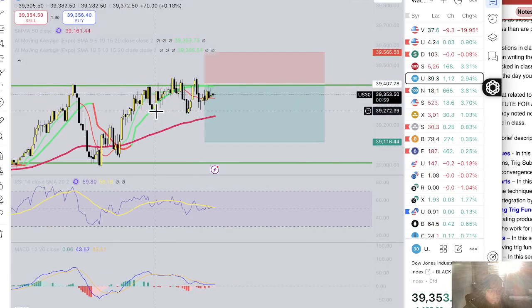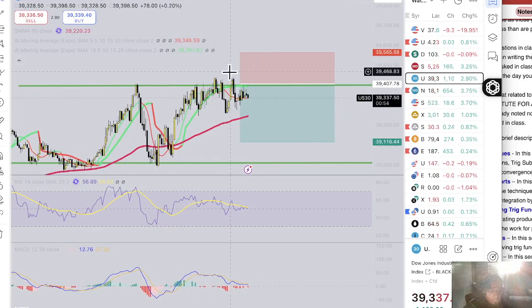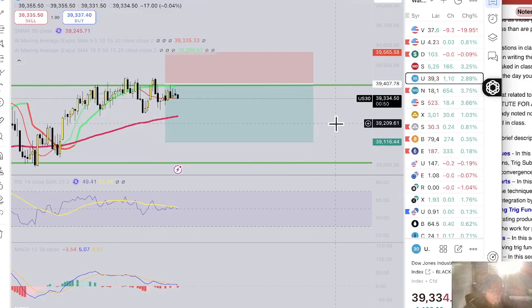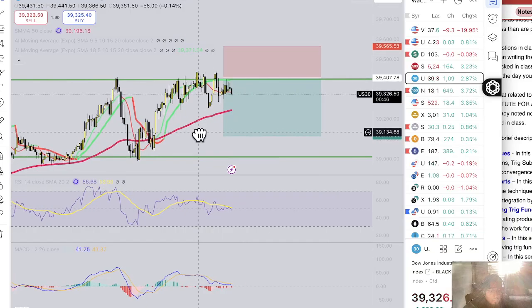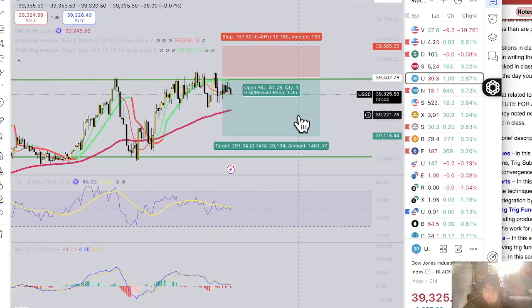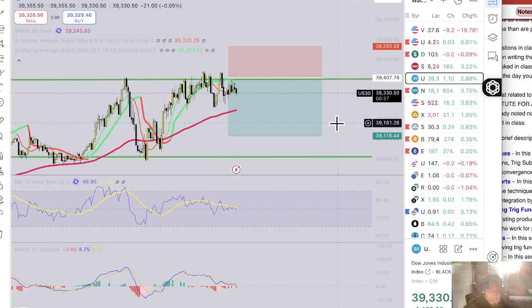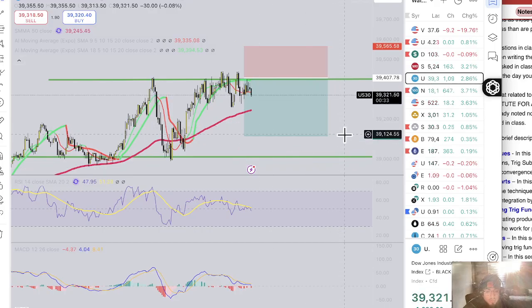Also, if you look at the 1 minute, possible trade going in. I just want to keep your take profits, don't make them too crazy. Always be mindful of where the next support's gonna be.